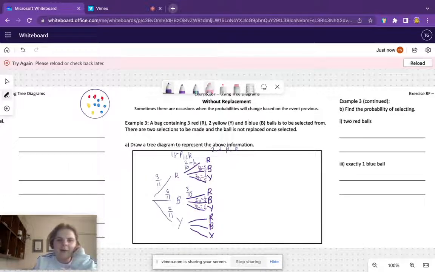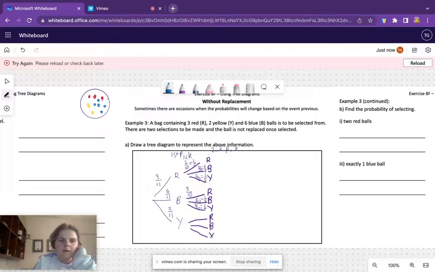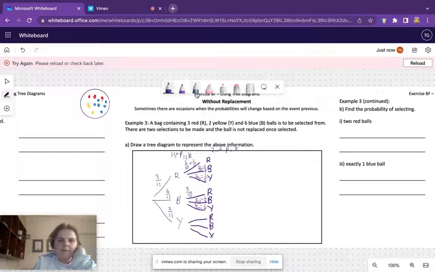Okay, now we'll go back to our third option here. So now we're saying in our first pick, we picked a yellow one. So now our chances of getting a red are 3 out of 10.